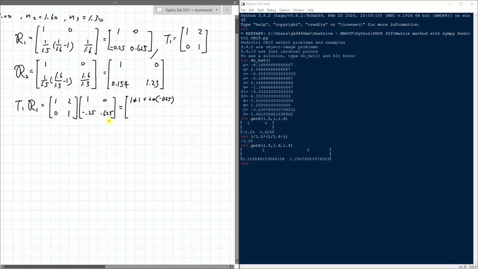First row, second column. So that 1 times 0, then 2 times 0.625. And then second row, first column, that's 0 times 1 plus 1 times negative 0.25. And then second row, second column, that is 0 times 0 plus 1 times 0.625.